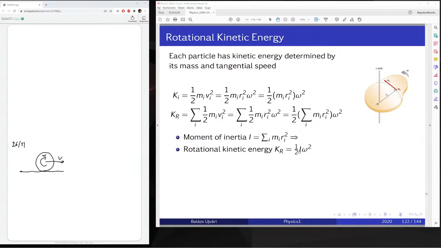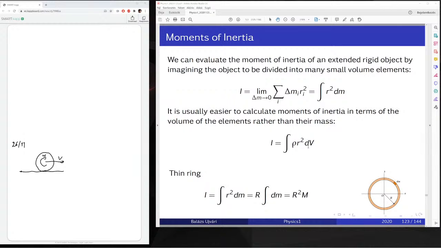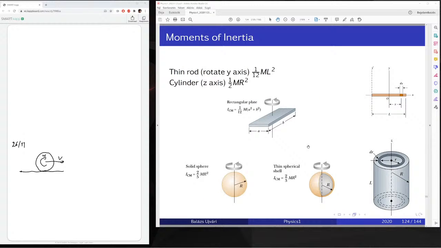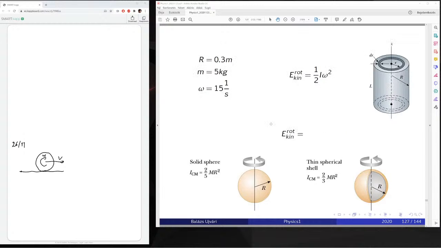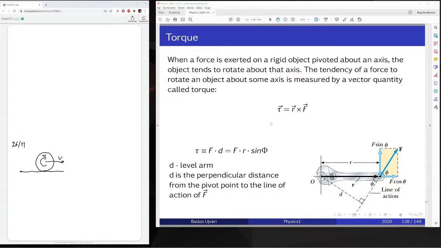This is 1 over 2 something about the body, not only the mass but also the shape, times omega square, which describes the motion of the particle. Calculating the moment of inertia is not easy, but we can learn it for some mathematical objects like cylinders, balls, a piece of plate or something. You can calculate the moment of inertia, it's easy.